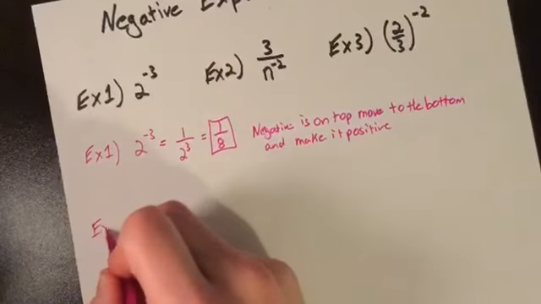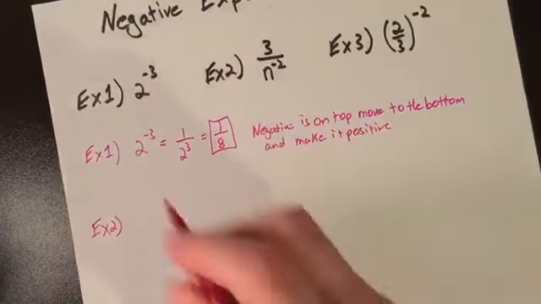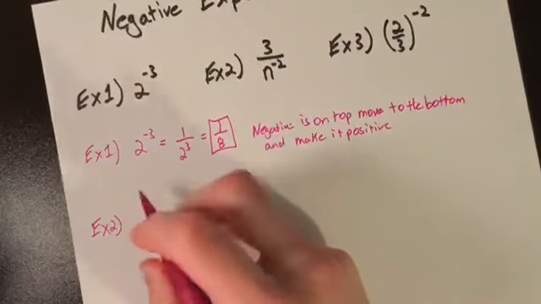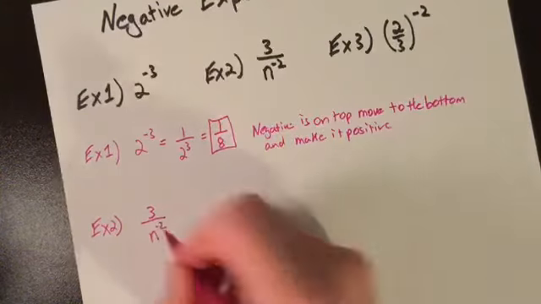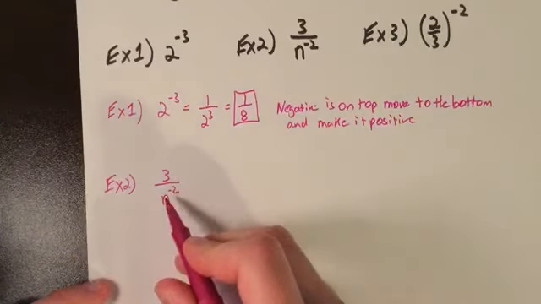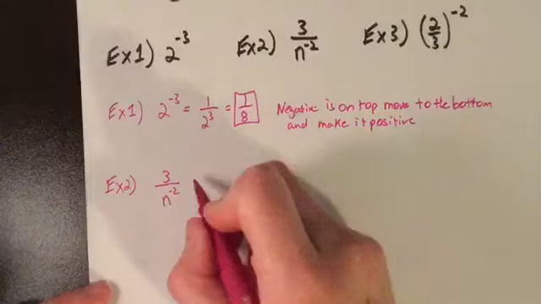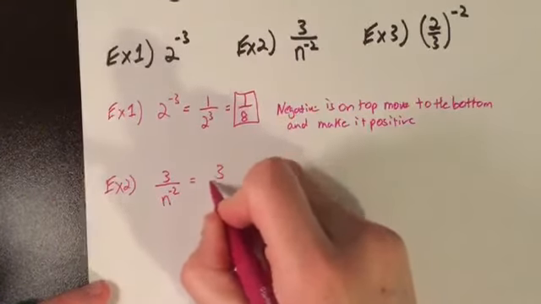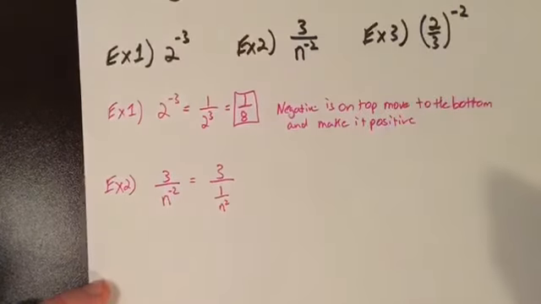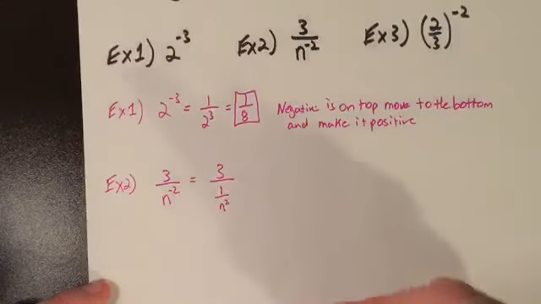The second example, we're going to use our first example to help us get there. So we start with 3 over n to the negative 2 squared. So our rule for that negative exponent was move it to the bottom and make it positive. So let's do that. So that's going to be 3 over 1 over n squared. Now you might remember, it's a complex fraction.